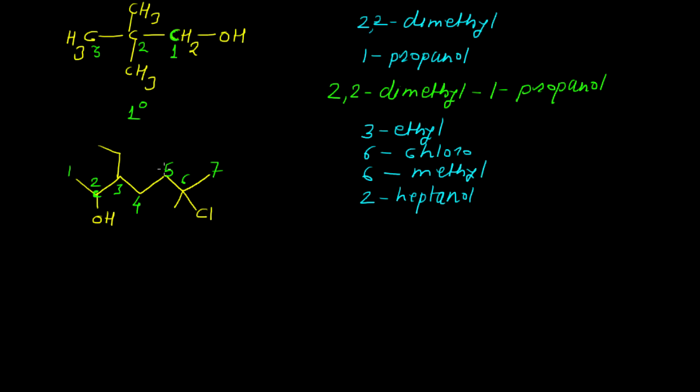While writing the complete IUPAC name, we must check the alphabetical order of these substituents' names. So here we have E, C and M. Here C will come first while writing the final IUPAC name. So we must start with 6-chloro, then E will come.